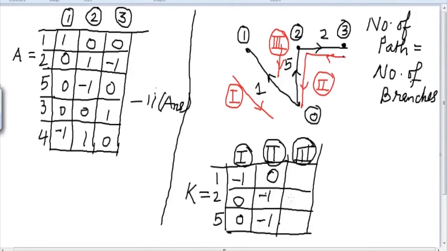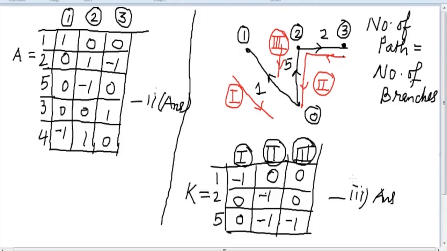And the last one will be only 5, that will be minus, and the rest will be 0. So please cross check your answer. Is it clear, everyone? Okay. So in this way we have completed our third matrix, that is the branch path incidence matrix.